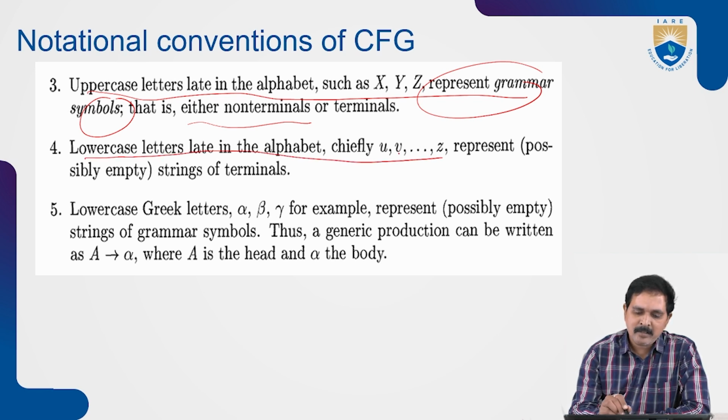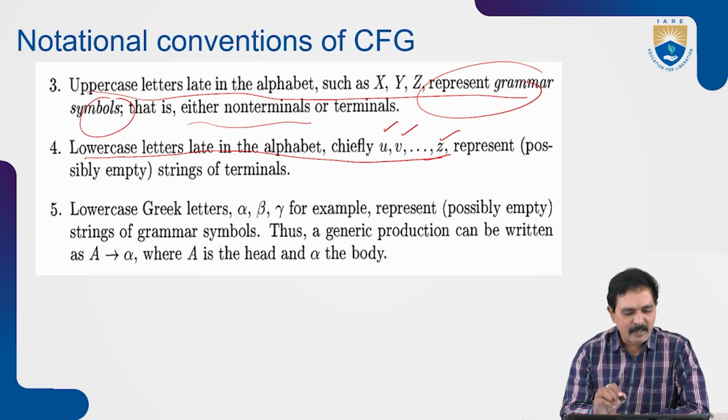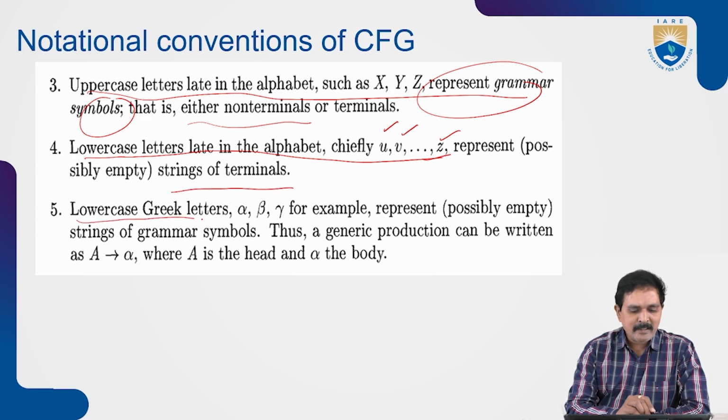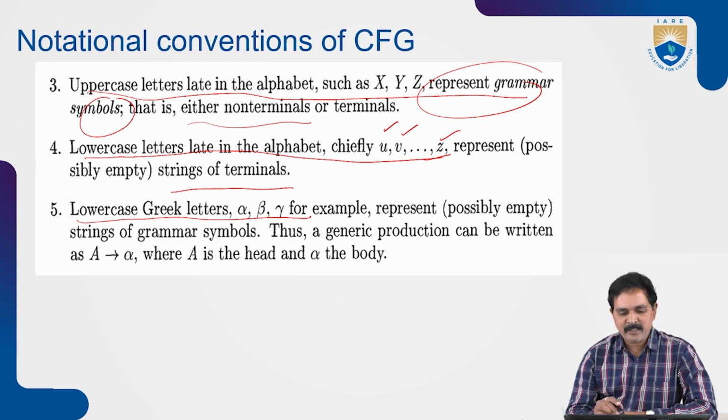Lowercase letters such as u, v, up to z are used exclusively for describing terminals. And lowercase Greek letters alpha, beta, gamma describe combinations of terminals and non-terminals.